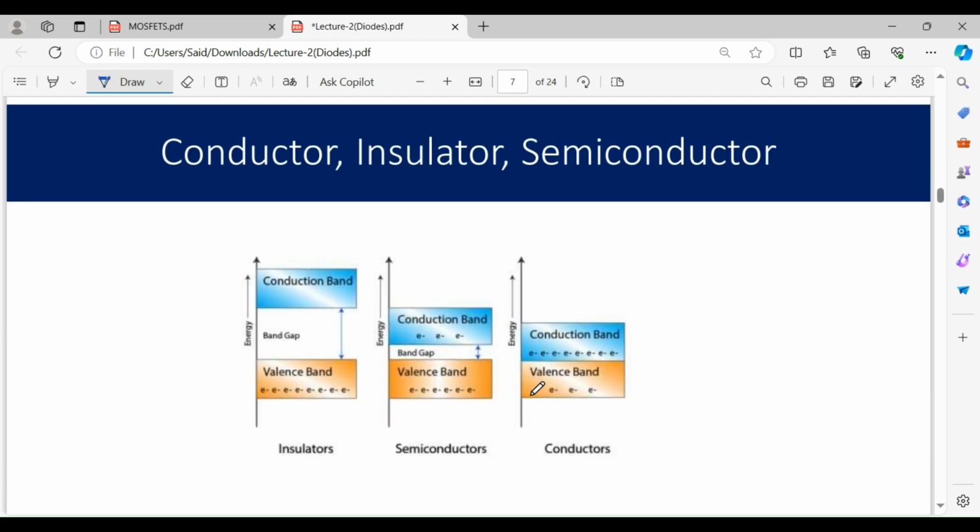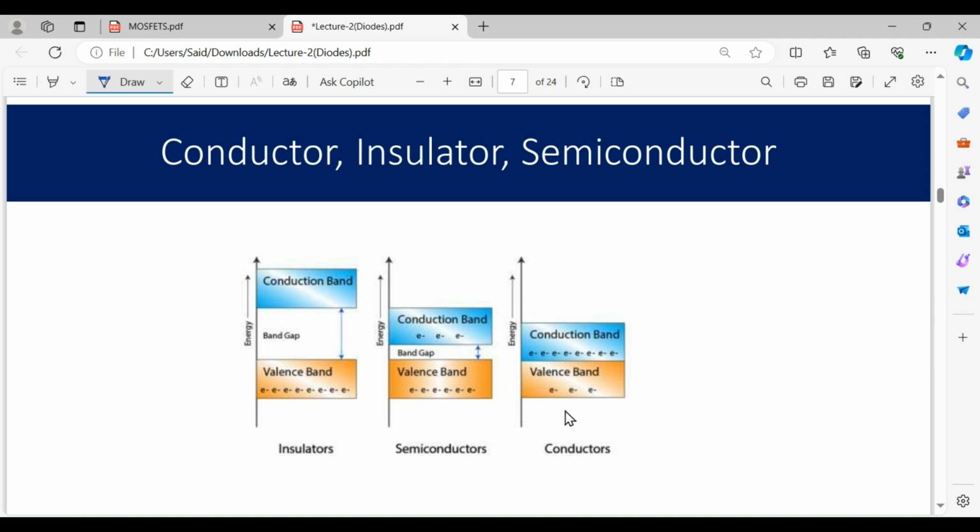Next, we have conductors, insulators, and semiconductors. You can see here, this is our insulator. There are two different bands, that is the valence band and the conduction band. Electrons jump from the valence band to the conduction band. If the band gap is very large, then it will not conduct electric current. Electrons will not jump and fill the holes. That's why they are insulators and they cannot conduct electric current.